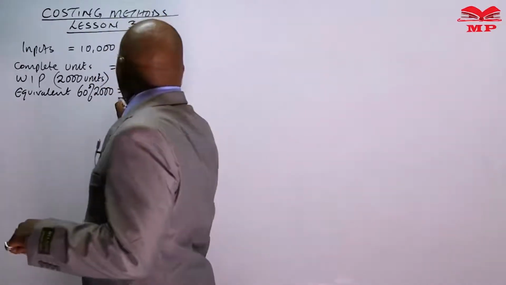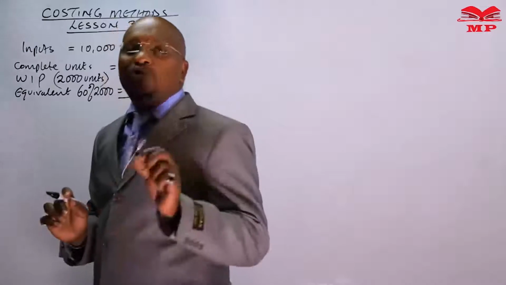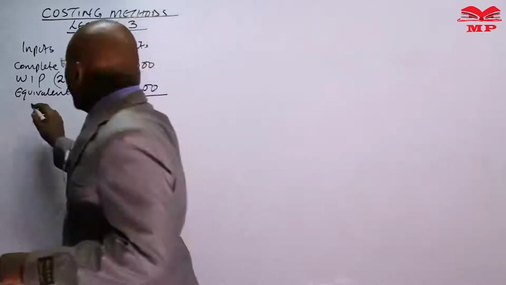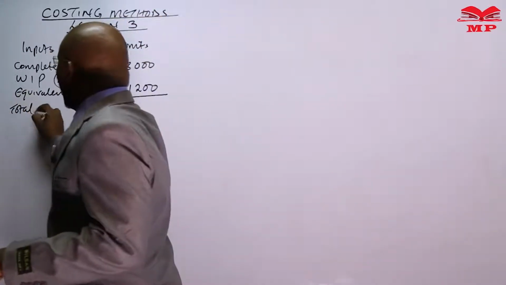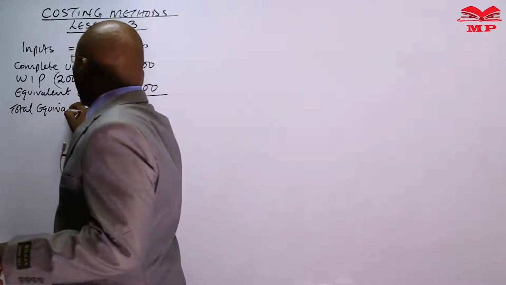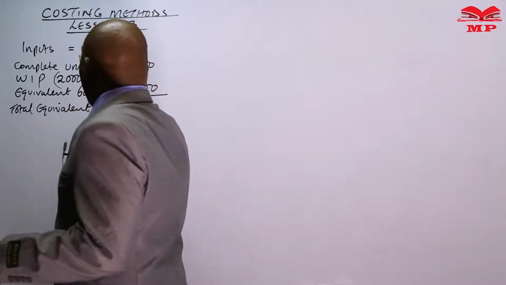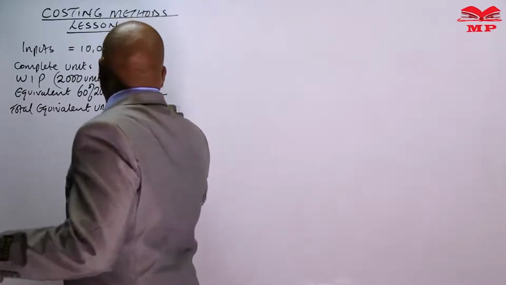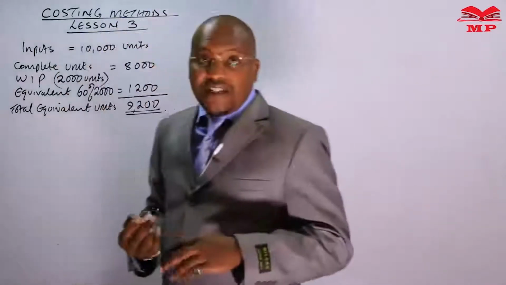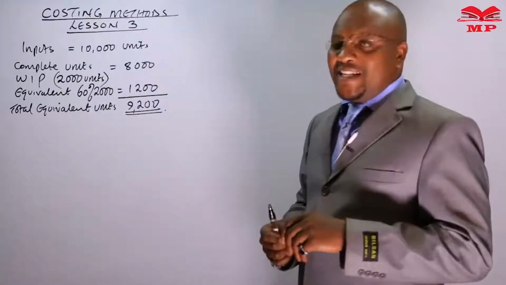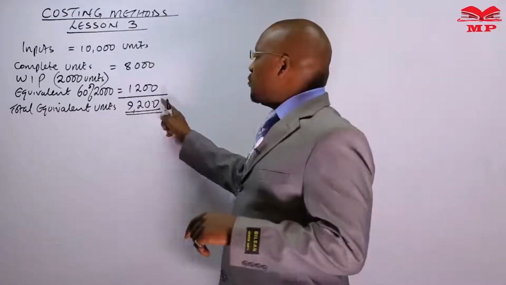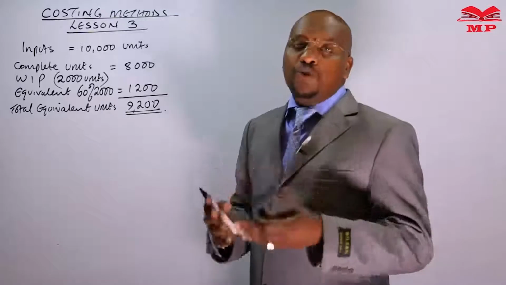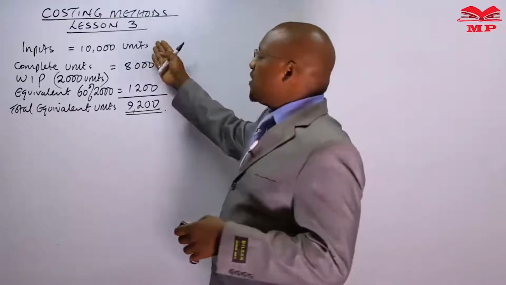So now we can talk of the output in terms of equivalent units this way. So total equivalent units is now 9,200. You see, physically it may not balance because 9,200 is not the total output. Total output should be 10,000 units.